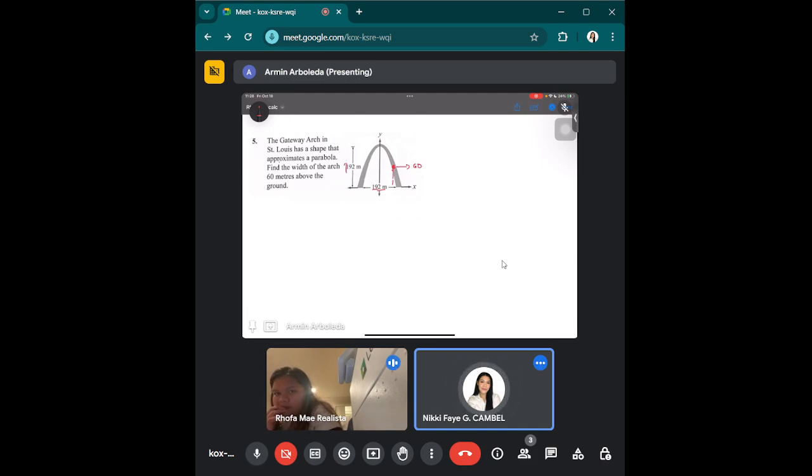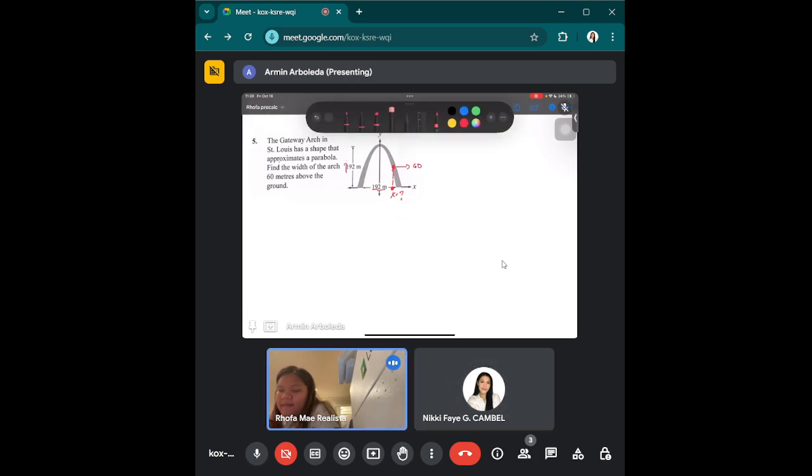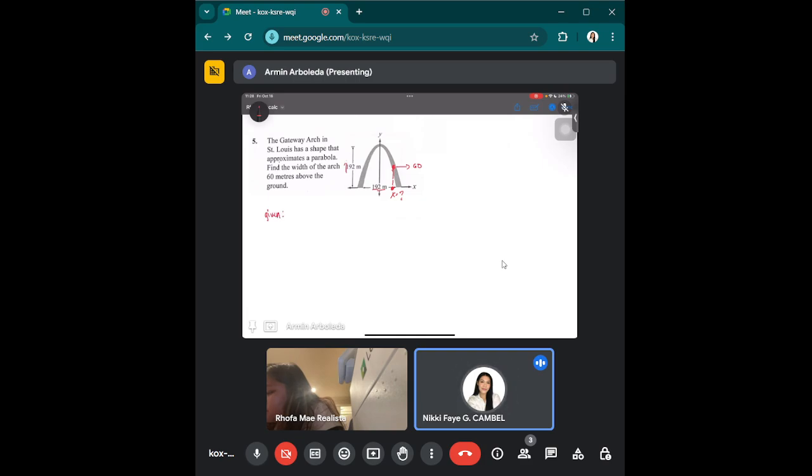So you're supposed to find the x here. That's the required. Given, we assume the standard form is y equals ax squared plus b. With this given, what do you think is the vertex?